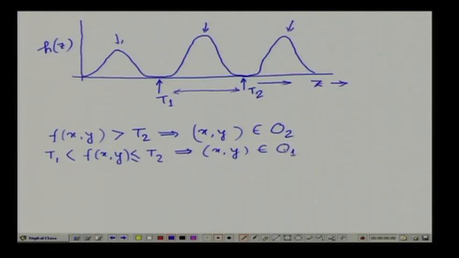And obviously, the third condition will be that if f x y, the intensity value at a location x y, is less than threshold T 1, in that case we say that the corresponding pixel x y belongs to the background.